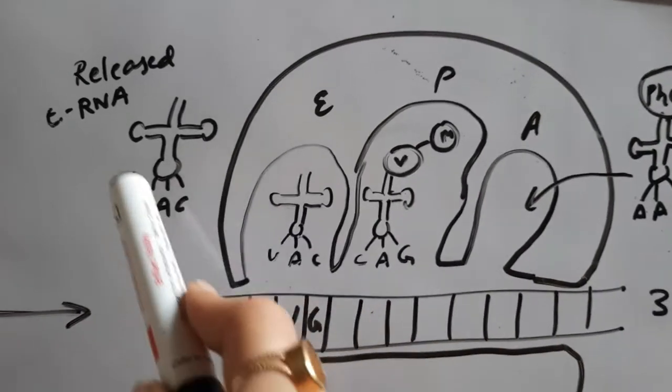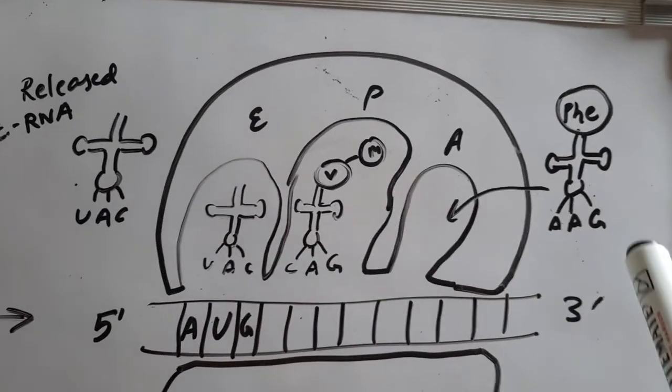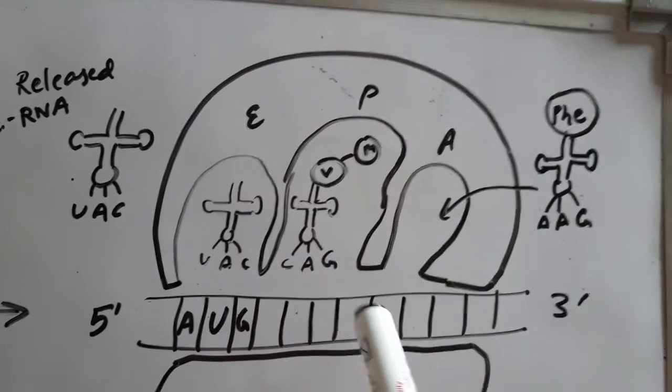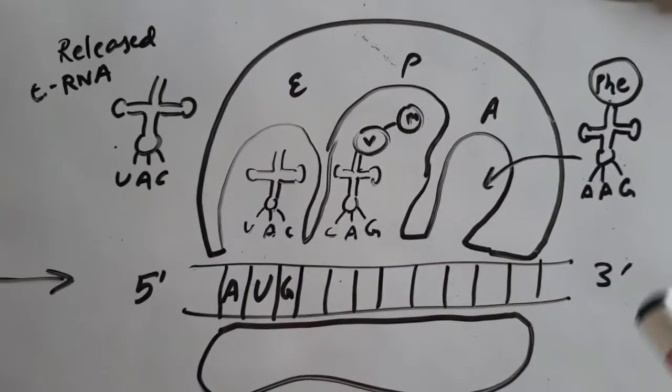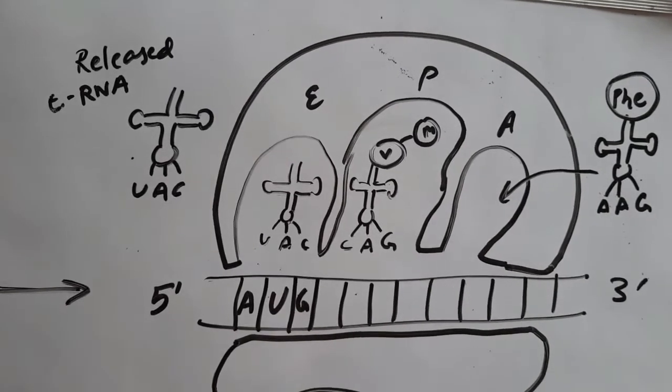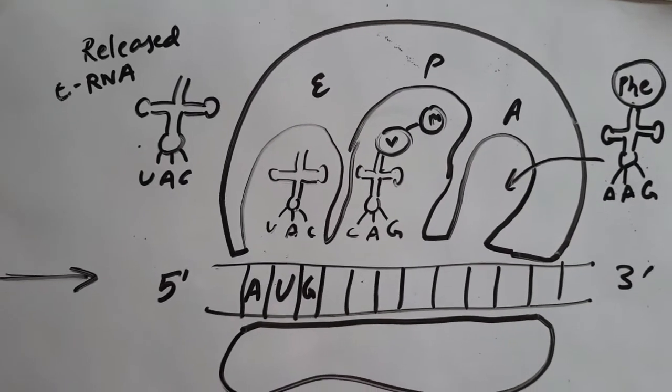Similarly, it will be released from the E site and another tRNA will come to the A site according to the sequence present in the mRNA. This process continues several times until we obtain the required amount of polypeptide chain.